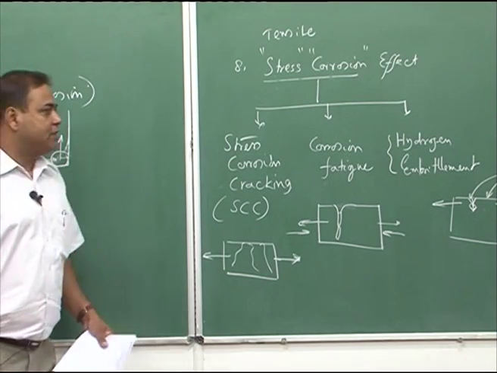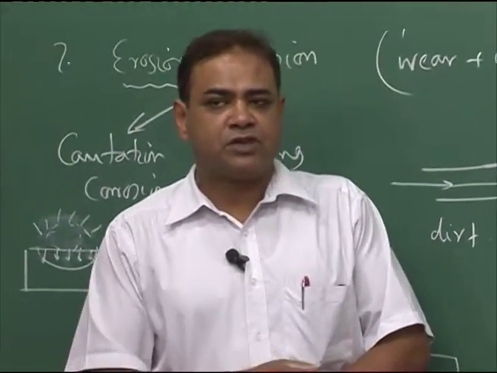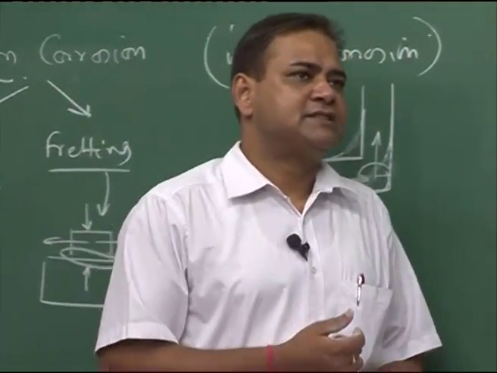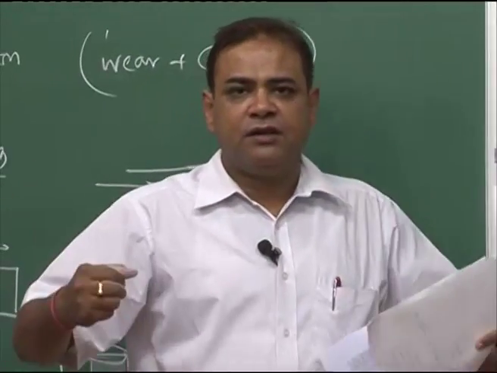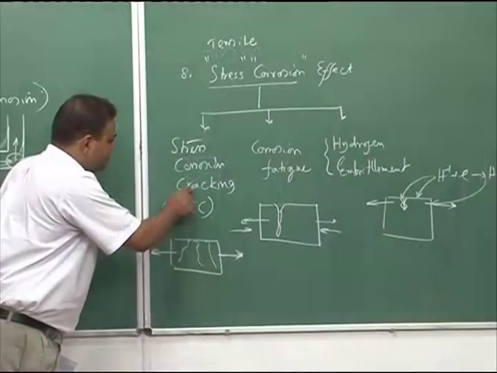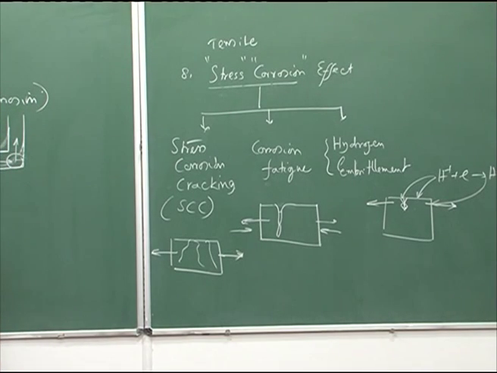Now, for example, this process can be combined with intergranular corrosion. Let us say a sensitized stainless steel is under tensile load; then stress corrosion cracking can happen. Why?